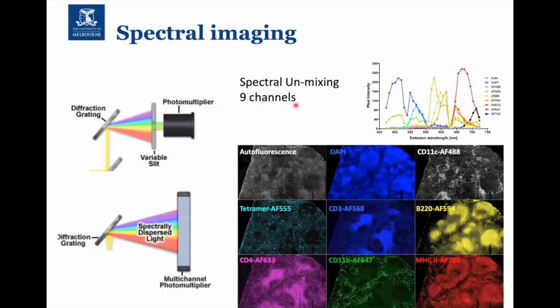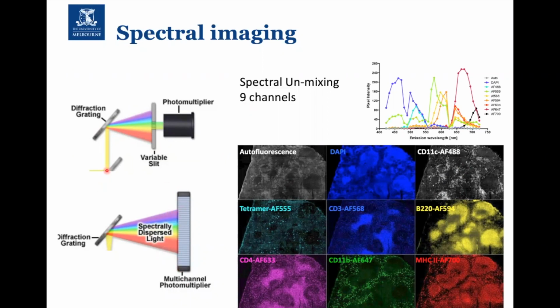So in this case, we had one scientist doing 9 channels and using this approach to essentially spectrally unmix each of these 9 different channels. And then he was going in and identifying individual cells based on their different stains for each of these markers. So very, very useful. This detector allows you to do it in one shot.